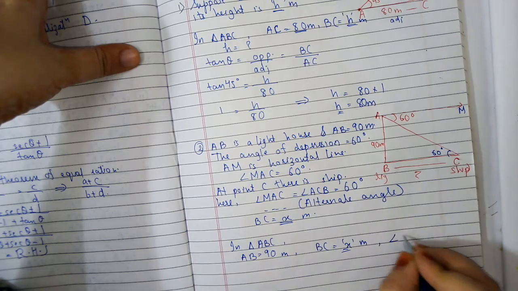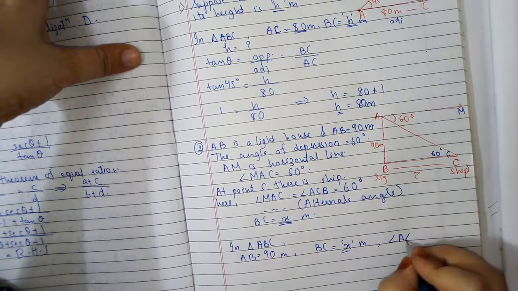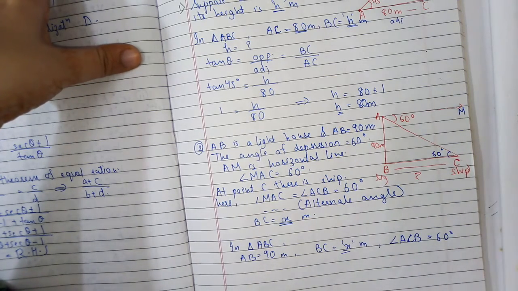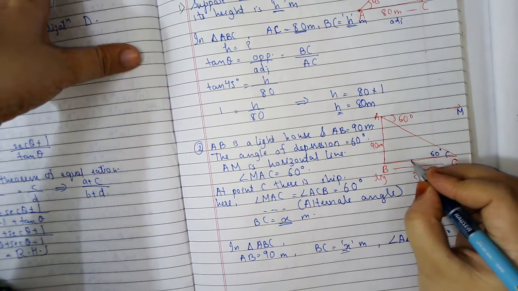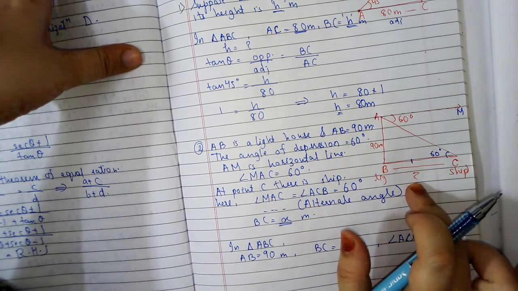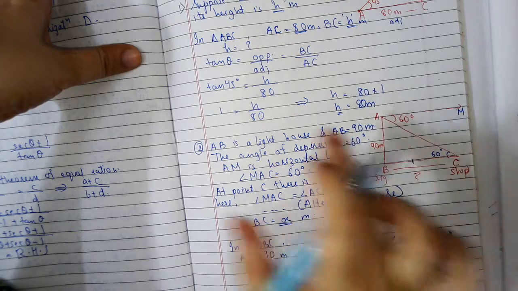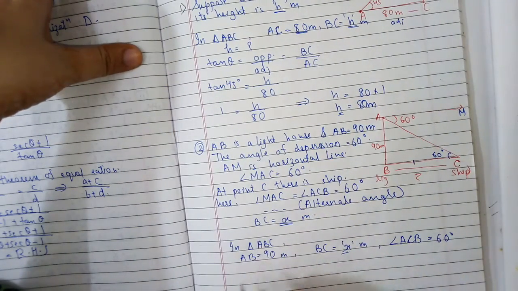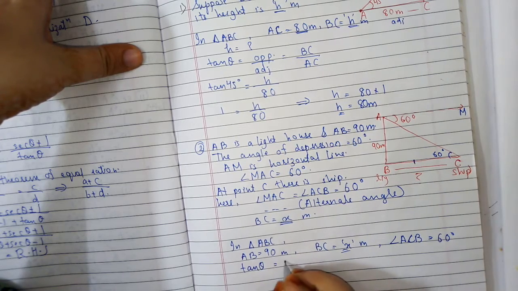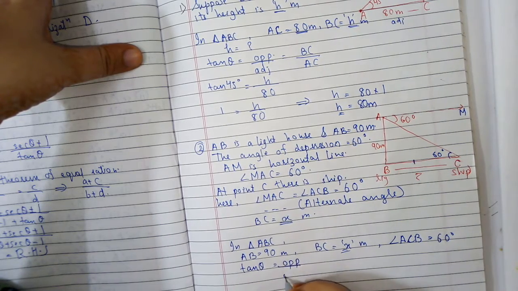Alright, and angle ACB is equals to 60 degree. Okay, so what we have to find out? We have to find this side. Alright, so again here opposite side is given and adjacent side we have to find out. That means we will use the trigonometric ratio tan only. Okay, so here we will write tan theta is equals to opposite side upon adjacent side.